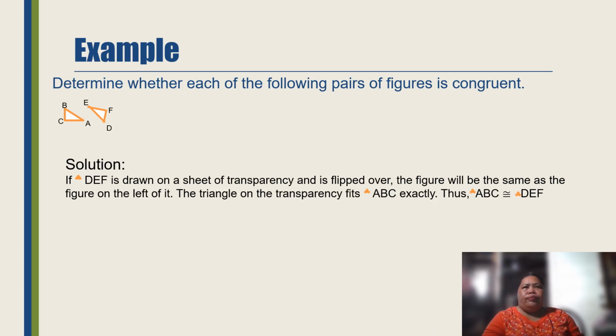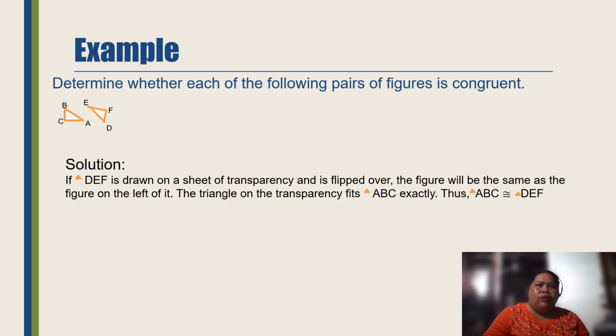Okay, guys, let us continue our lesson about congruent triangles. Today we have more examples so that you can understand it properly. Determine whether each of the following pairs of figures is congruent.